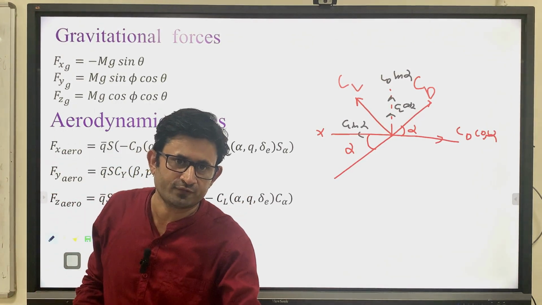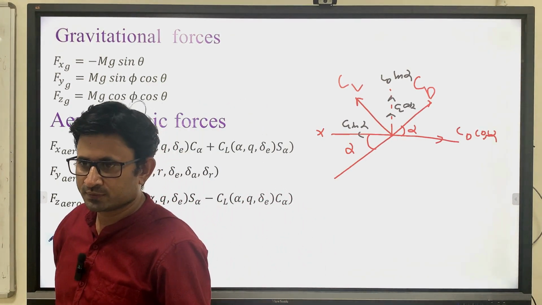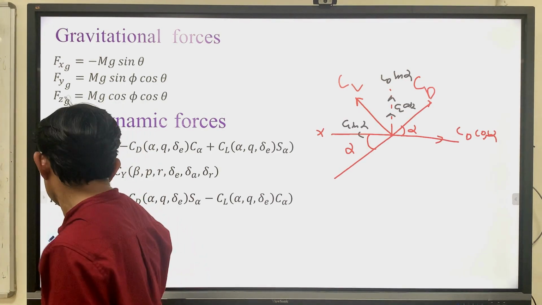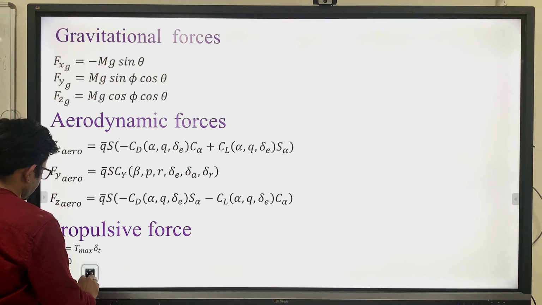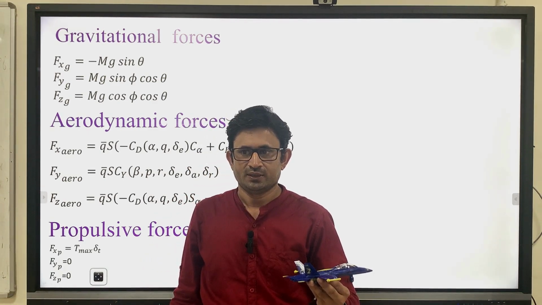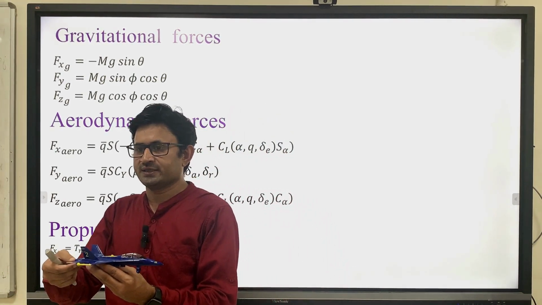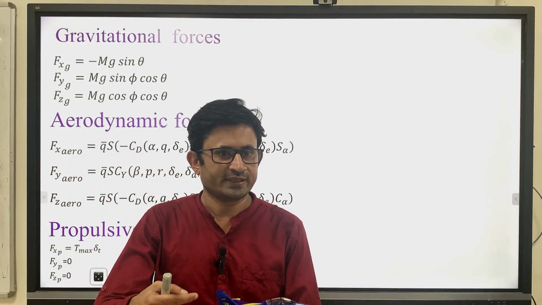So now the gravitational force and the aerodynamic force are clear. What is the next force? The propulsive force, right? For the propulsive force, I am considering only the X direction. I am mounting the engine in such a way that it passes through the body x-axis.